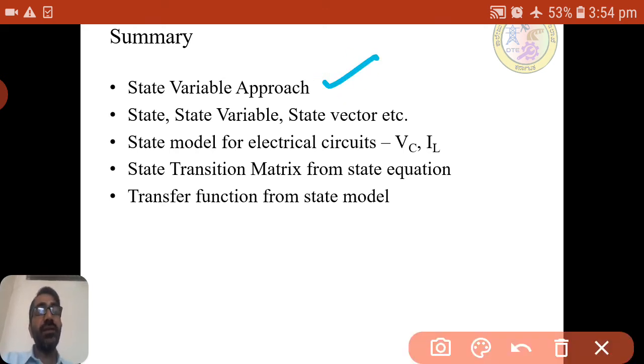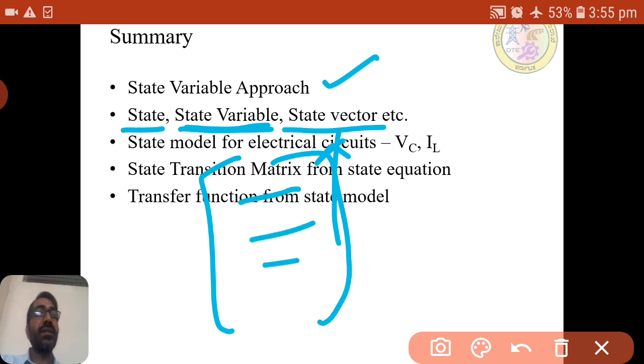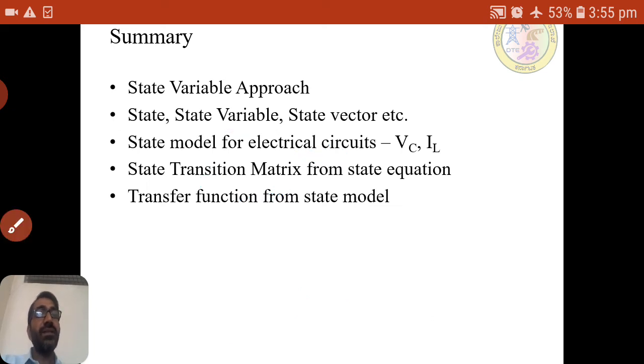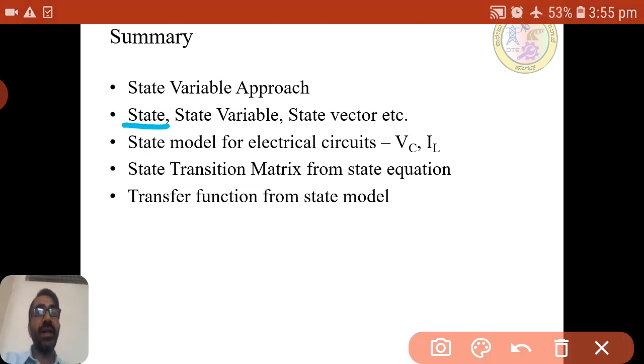Then we also saw what we mean by state variable and state vector. State is what defines the behavior of the system by using the state variables.